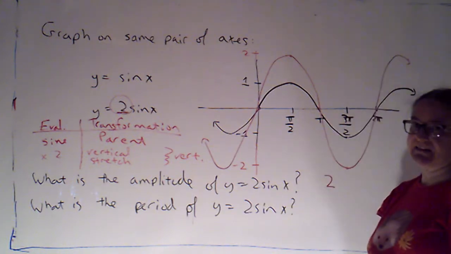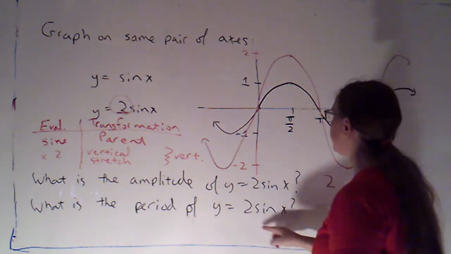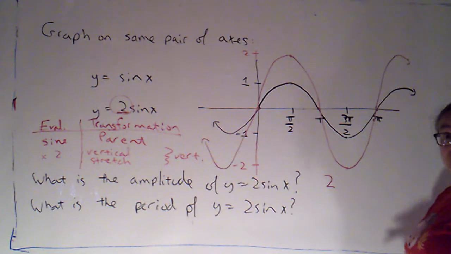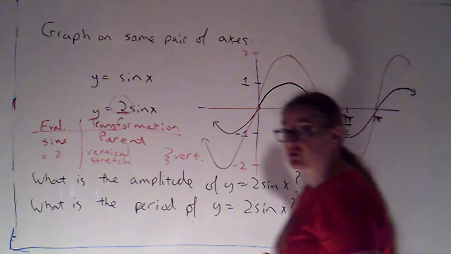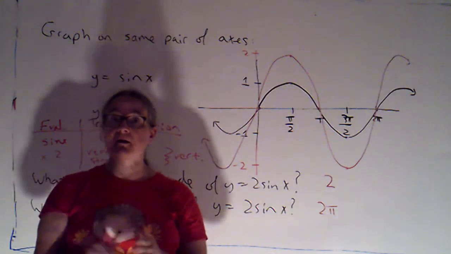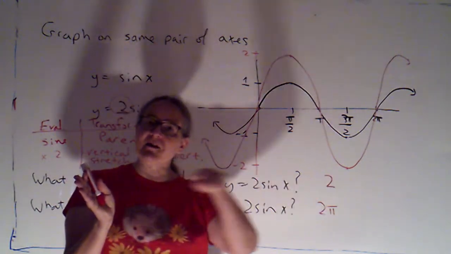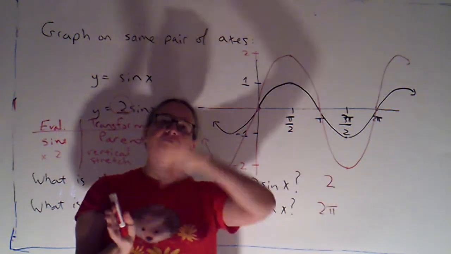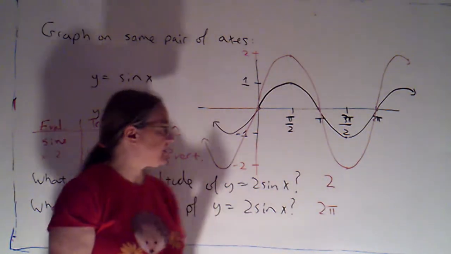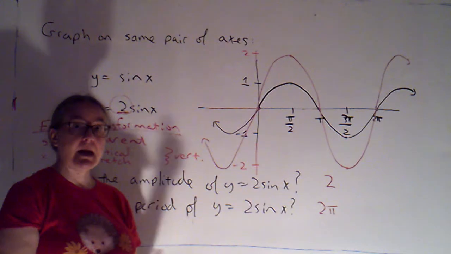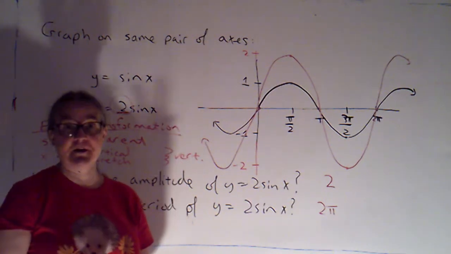It's always positive. Okay. What's the period? Well, that didn't change. That's 2 pi. And it makes sense that a vertical transformation would not affect the period because the period is the horizontal distance it takes for my function to do its thing once. So vertical transformations will affect the amplitude, possibly, but not the period.